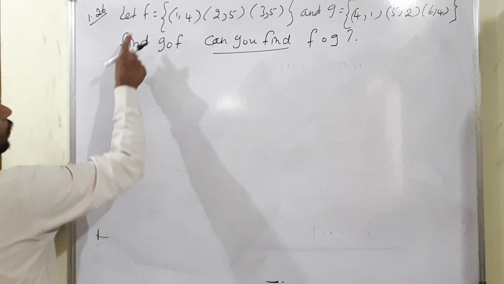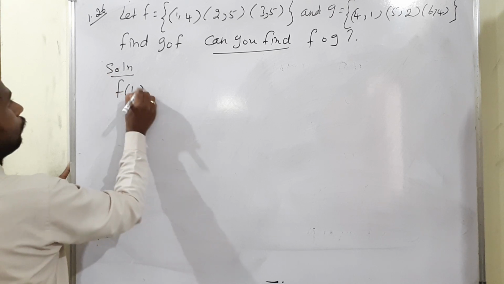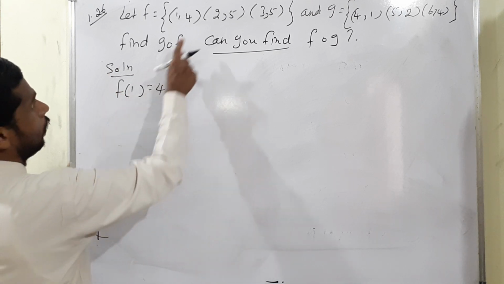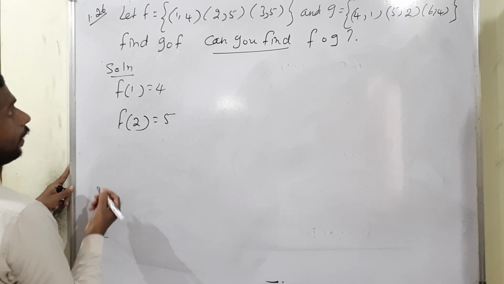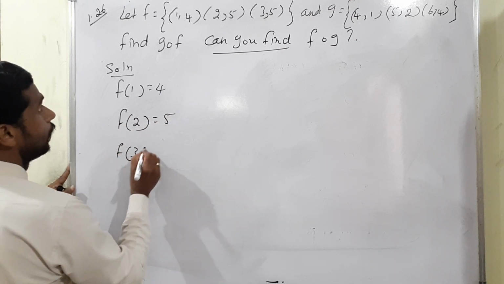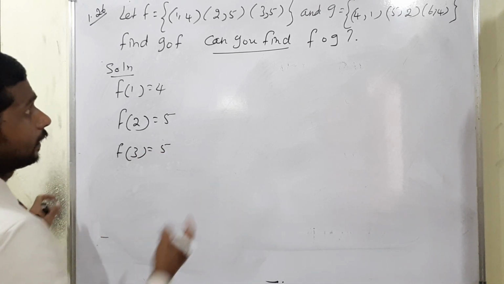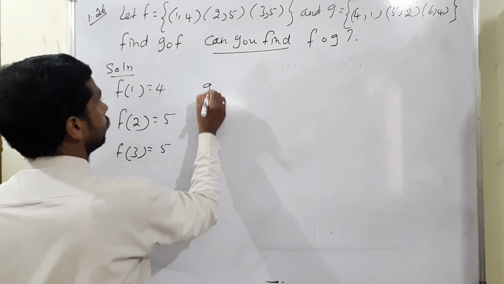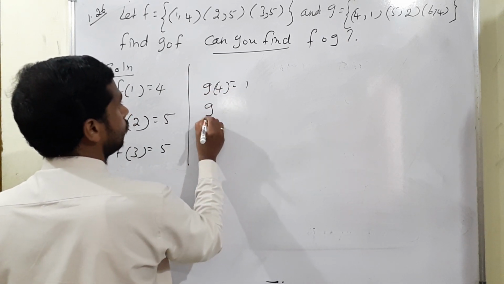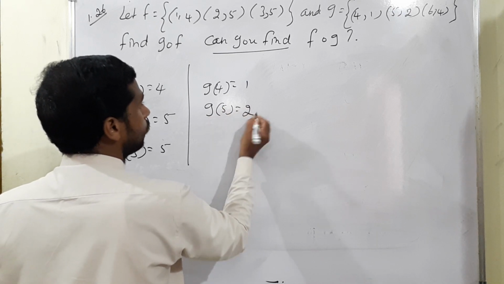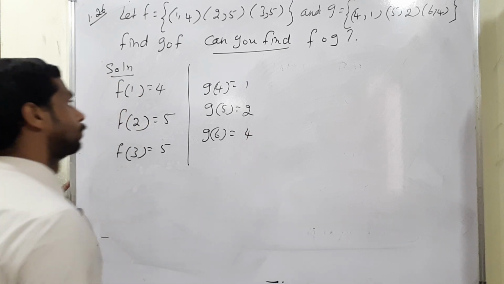So given the condition, solution: f of 1 is equal to 4, f of 2 is equal to 5, f of 3 is equal to 5. Next, g of 4 is equal to 1, g of 5 is equal to 2, g of 6 is equal to 4.